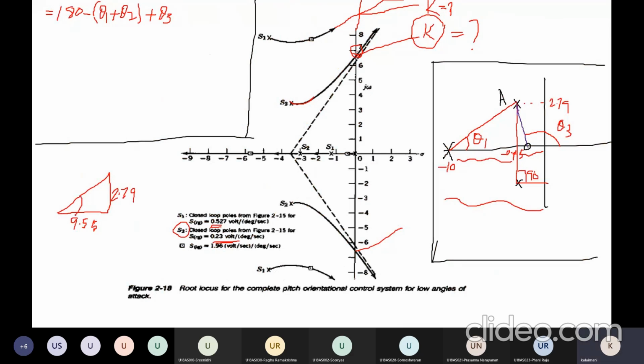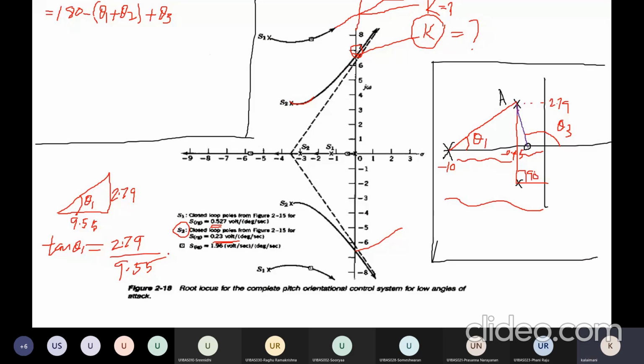Then we need to find this angle, theta 1. Therefore, use tan theta 1 equals 2.79 divided by 9.55. Tan theta 1 is 2.79 divided by 9.55.